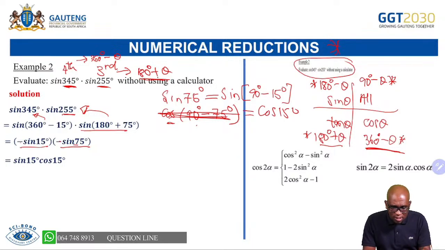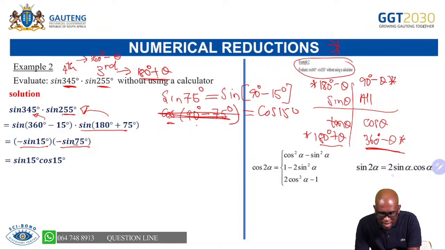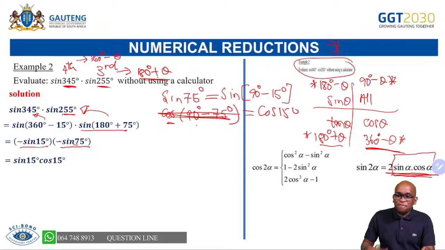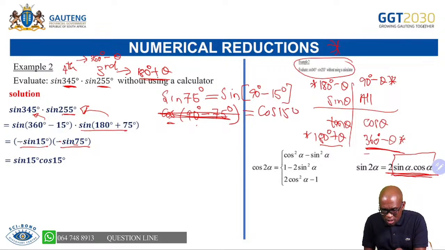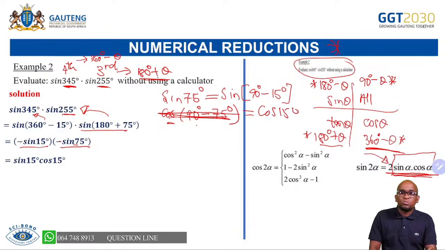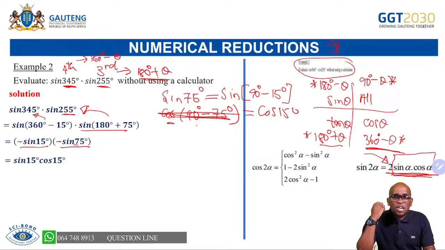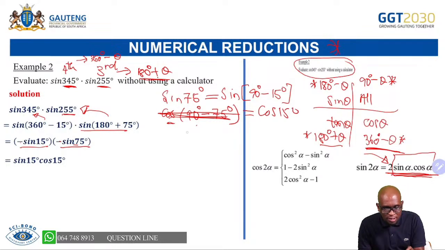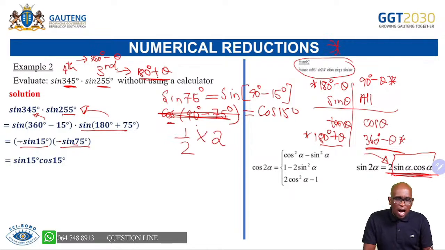So from there, we can see that it looks more or less like sine alpha cos alpha, sine 15 cos 15. It's just that we are missing the coefficient 2. So we are going to strategically introduce the 2 by writing this as half times 2, because half times 2 is 1.